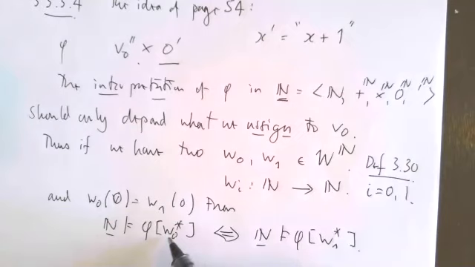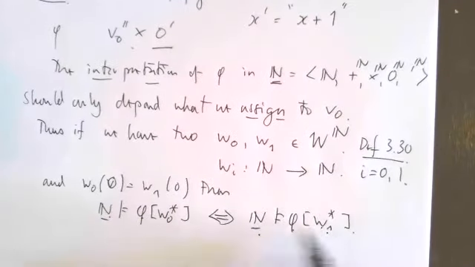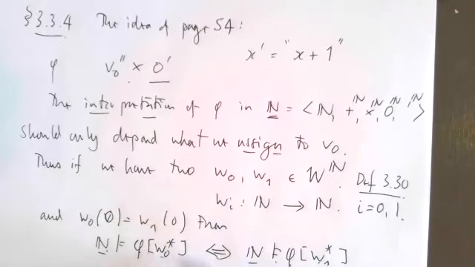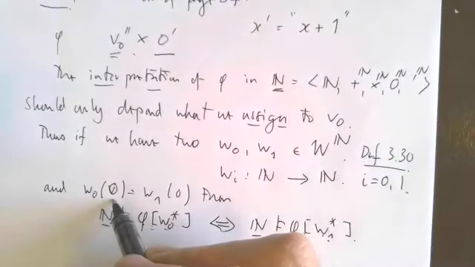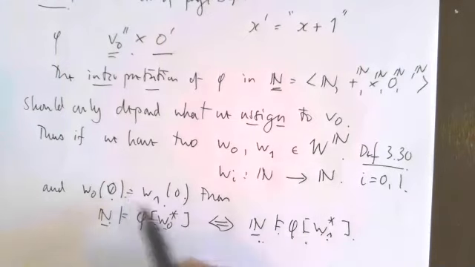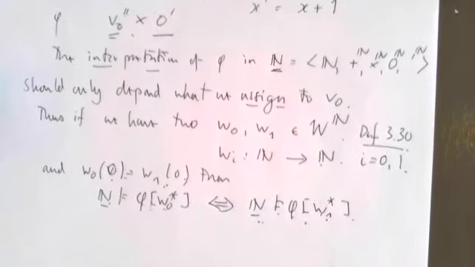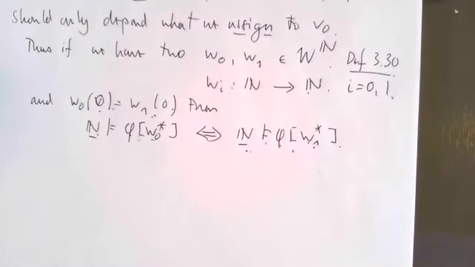So we're saying that this assignment is going to make this formula phi true in n if and only if this one makes phi true in n, because all the formula talks about is v0. So it only matters what w0 and w1 assign to v0 here. Okay, hope that's okay.